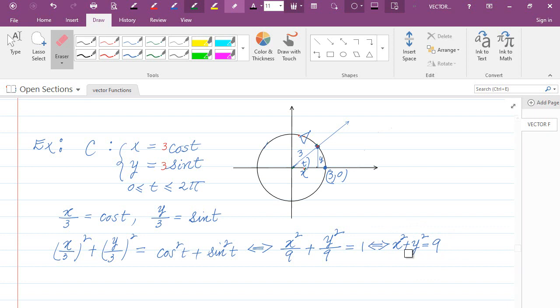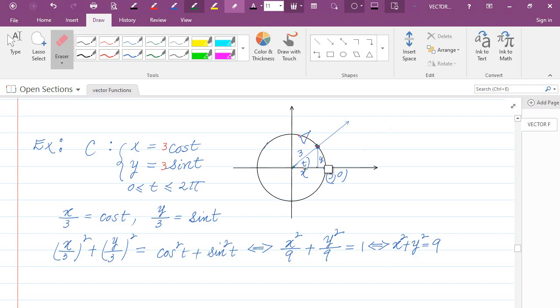And do we get the entire circle? Well, if you look at the behavior of the function x here, you can analyze that and see that when t is 0, x is 3, and then as t progresses to pi, x would decrease to -3, and then as t progresses farther from pi to 2 pi, x increases again back to 3.